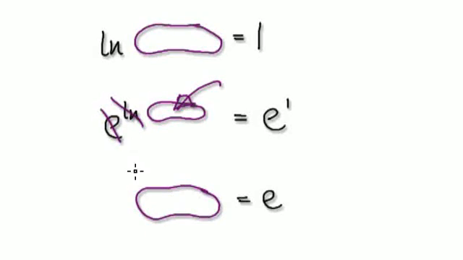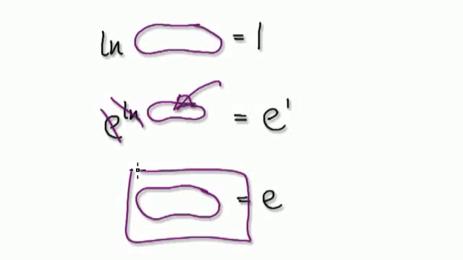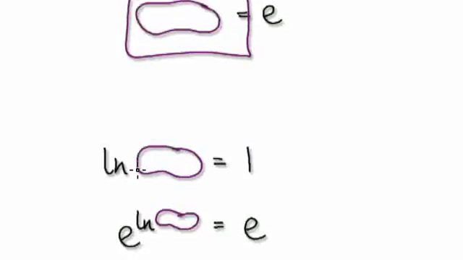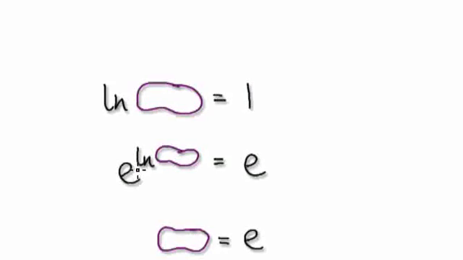So if you really want to discover e for yourself, or invent something that will allow you to find out what e is, find something that when you put it into here and log it, gives you 1. Then that's how you can find e.